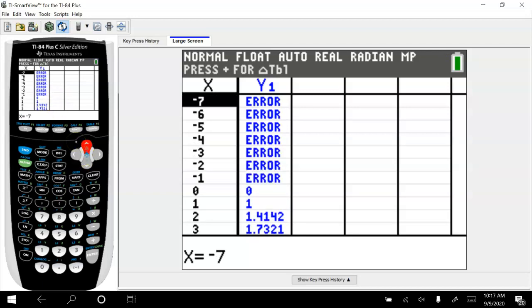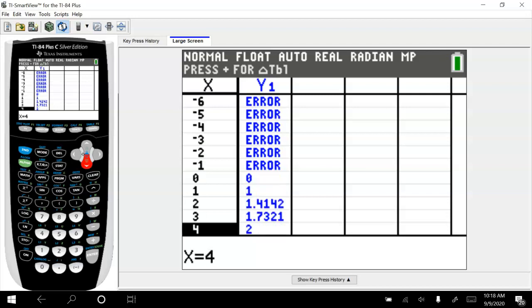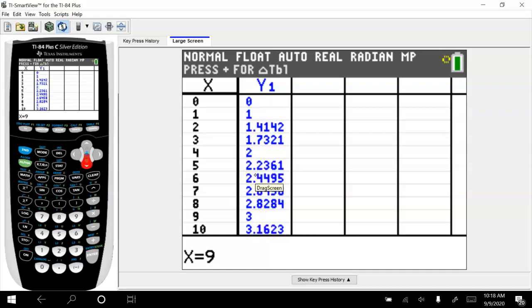If you notice, when x is 0, we get 0. When x is negative, we keep getting errors. And that's because we can't take the square root of a negative number. Now, I just want to take note of my whole number outputs.